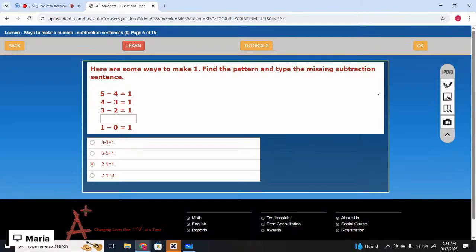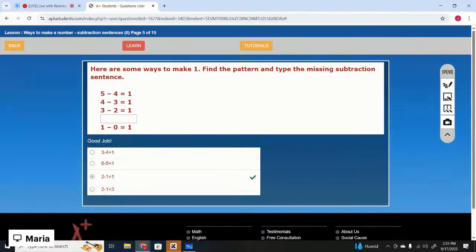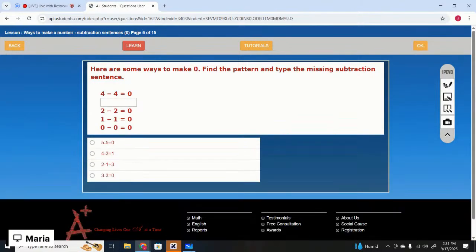Option number 3 is the correct option. Here are some ways to make 0. That is 3 take away 3 is 0. Option number 4 is the correct option.